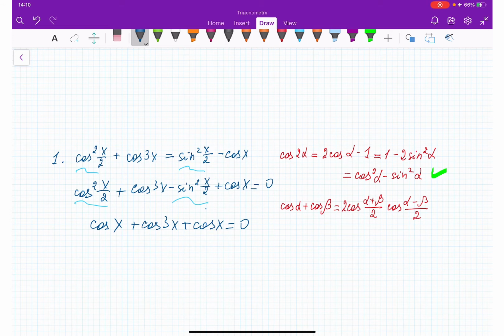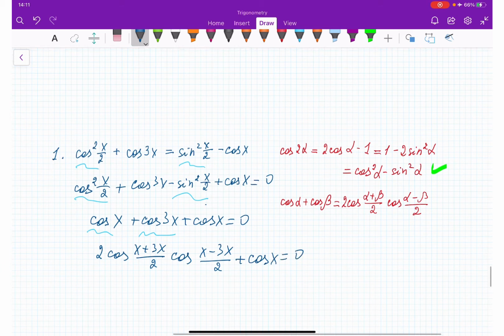Anyway, so I'm going to apply cosine alpha plus cosine beta. Okay? And it's going to give me 2 cosine of (x plus 3x) over 2, cosine of (x minus 3x) over 2, and plus cosine x equal 0.